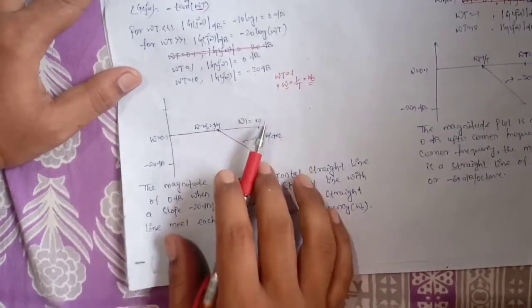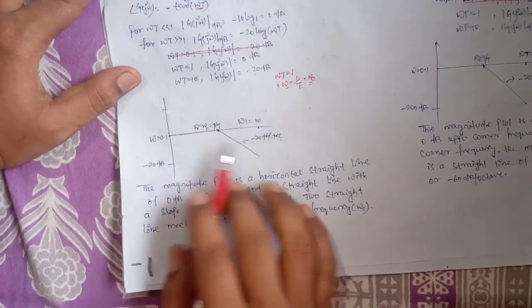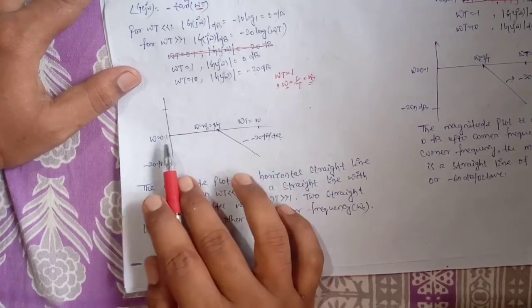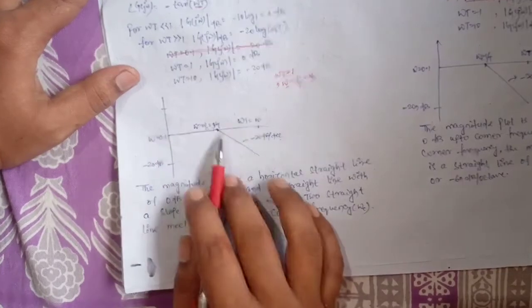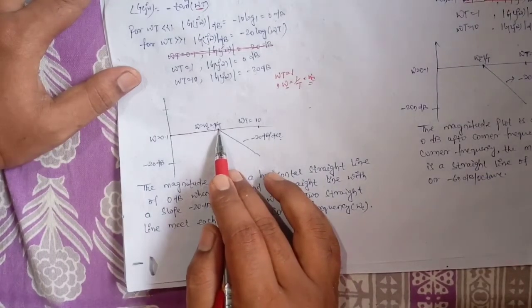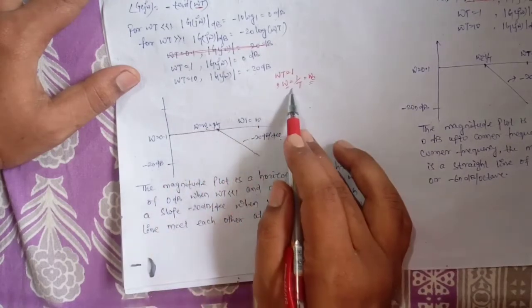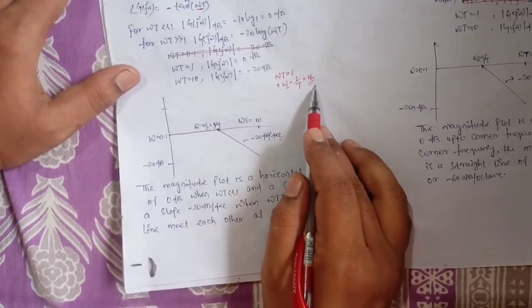So what conclusion did we get from this graph? It basically consists of two straight lines. One is a horizontal line at 0 dB, another one is a straight line having slope -20 dB, and both meet at a point, that is omega c equal to 1 by t, which is called corner frequency.